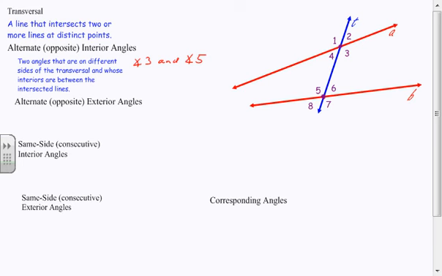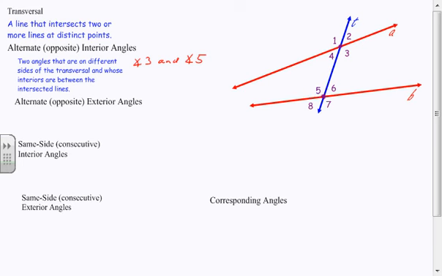See the interior here. This is the interior of 3, and this is the interior of 5, and they're on alternate sides. And those are the two angles that I was talking about.